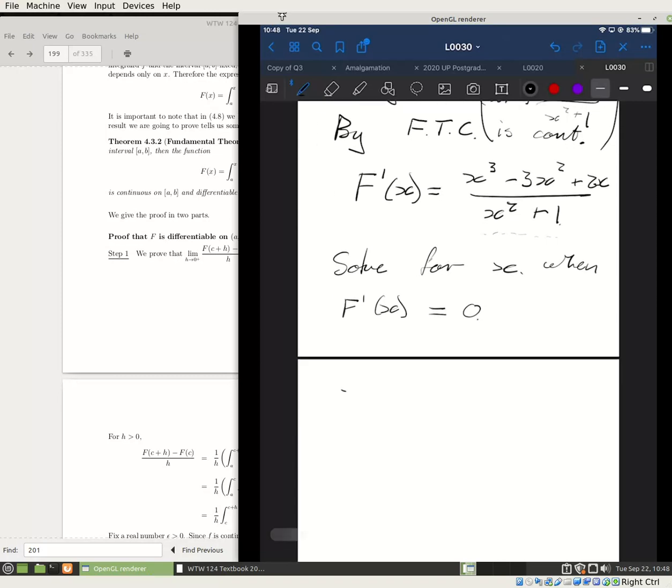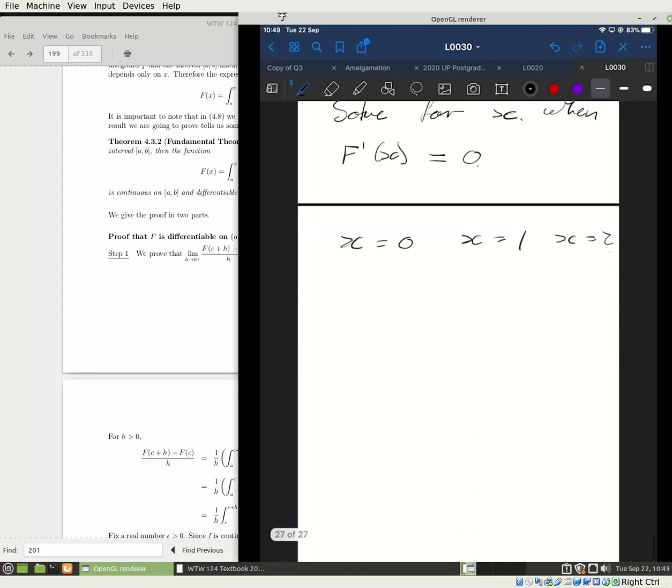Okay, and the solutions of that are x equal to 0, x equal to 1, and x equal to 2. So we've got our y-intercept here at the origin. We have a turning point, or a critical point, there as well, and at 1 and at 2.